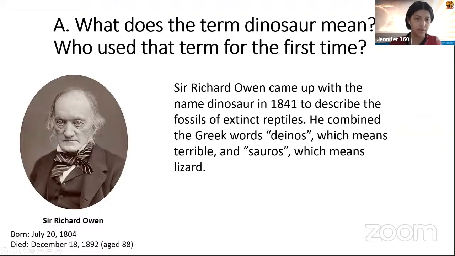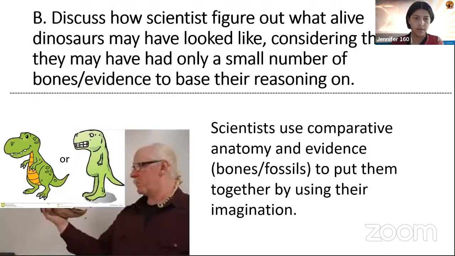The next slide will discuss how scientists figure out what live dinosaurs may have looked like, considering that they have only a small number of bones or evidence to base their reasoning on.